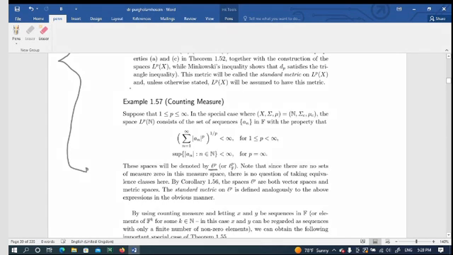Later we will study these spaces, but not here.